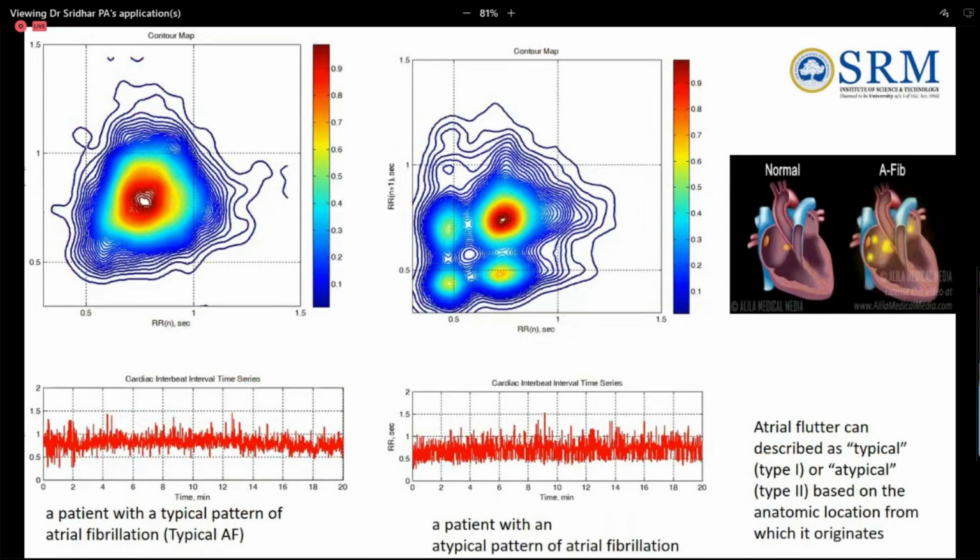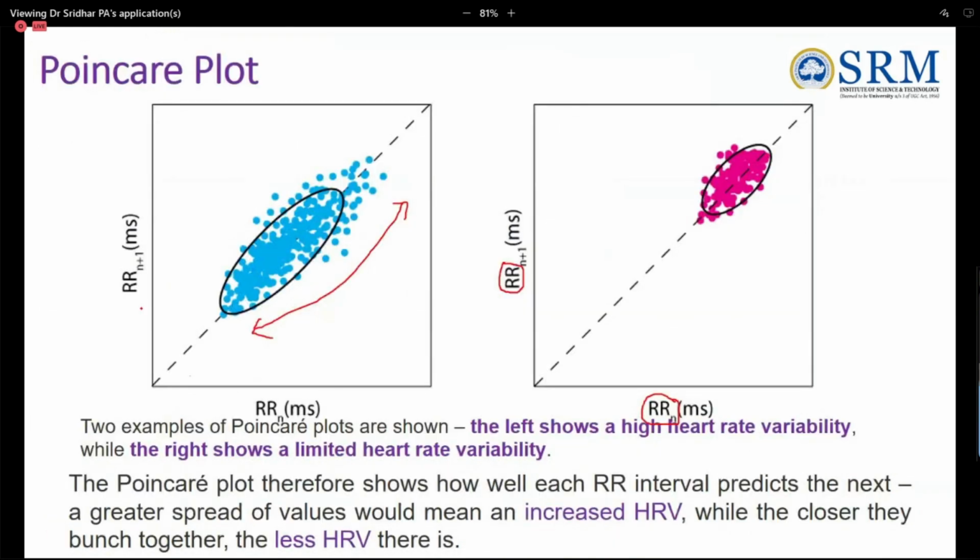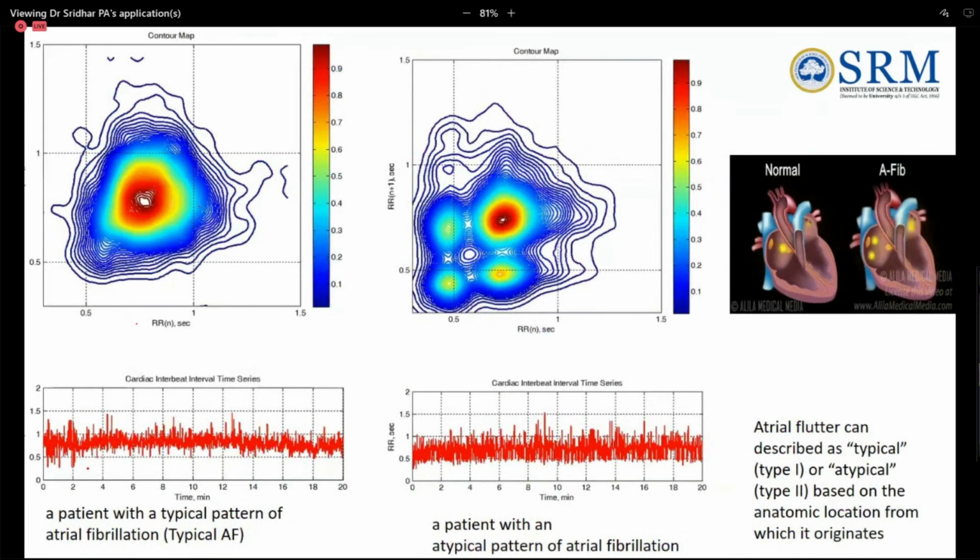So I just want to show you here. This is a visualization graph of what we have seen in terms of a heart condition. Based on this, you can create a map. This is your visualization map from the features, a contour map, even with the RR interval.